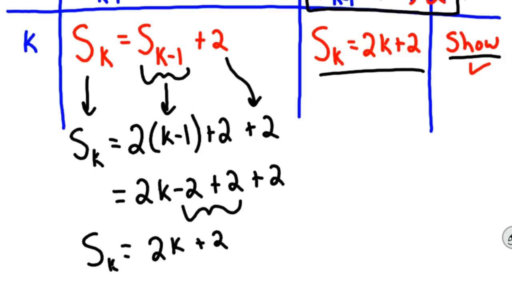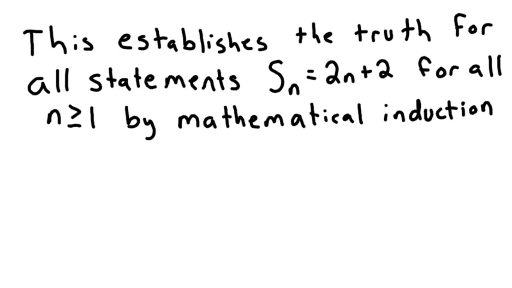The recursive formula and the explicit formula match forever in this case. And so what you want to do at the end is just give yourself one statement that shows what you found. This is a nice way to write it. So this establishes the truth for all statements S sub n equaling 2n plus 2 for all n greater than or equal to 1 by mathematical induction.